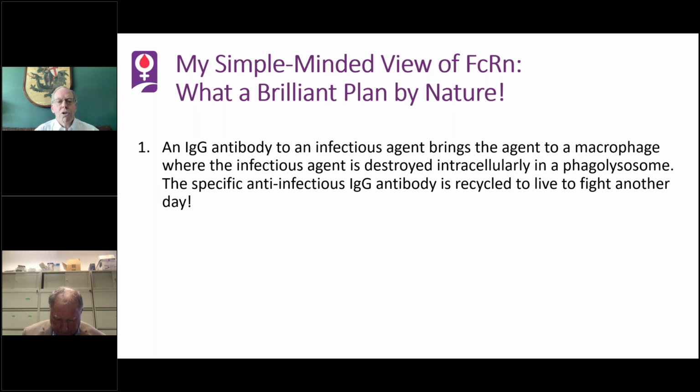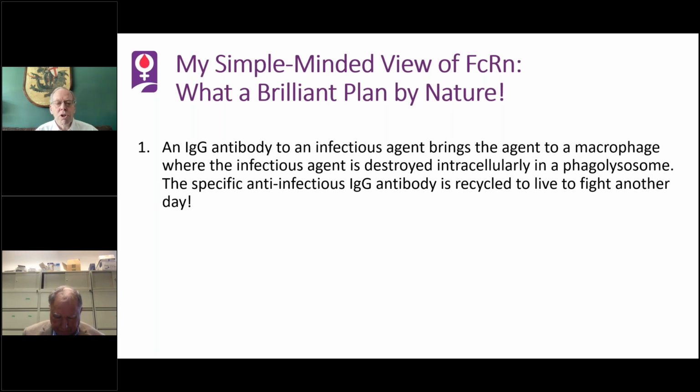So when I first learned the simple overview of FcRn as an inhibitor of catabolism, I thought, what a brilliant plan by nature. We have an IgG antibody to an infectious agent. That antibody through other Fc receptors, excuse me, brings the agent to a macrophage.